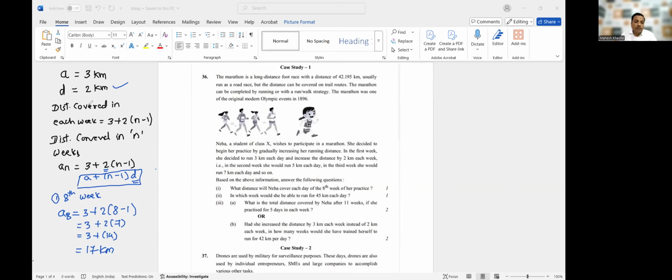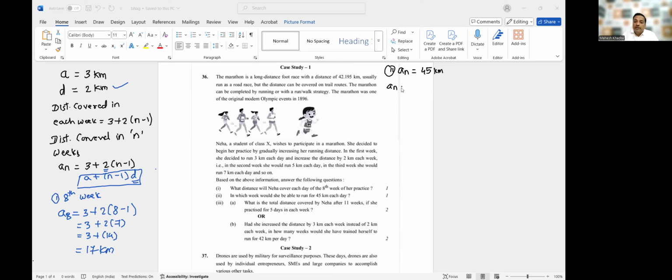Yes, sir. Okay. Then the next question, in which week would she be able to run 45 kilometers each day? How many kilometers does she have to go? She has to go 45 kilometers. So which week number will it be? Means again here an is equal to 45 kilometers.